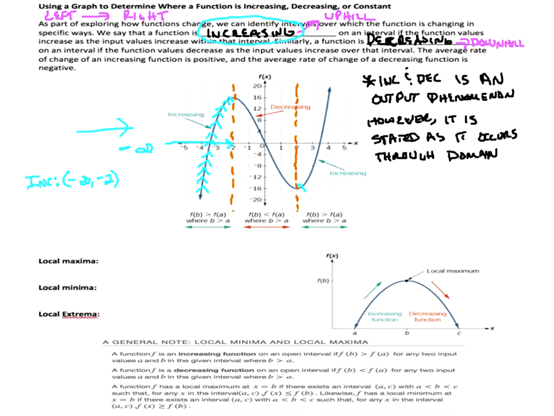And then I'm also increasing from +2. I start increasing again at +2, and I increase all the way through positive infinity. So from 2 through positive infinity. Now I'm going to mark my decreasing, and then I'll go back and tell you why I don't include those endpoints.